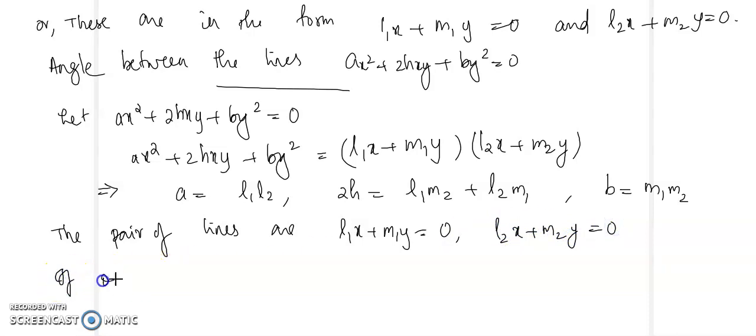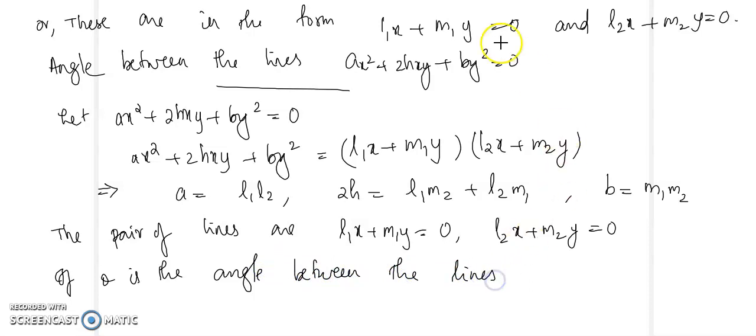And if theta is the angle between these lines, by the slope formula, we have this formula.